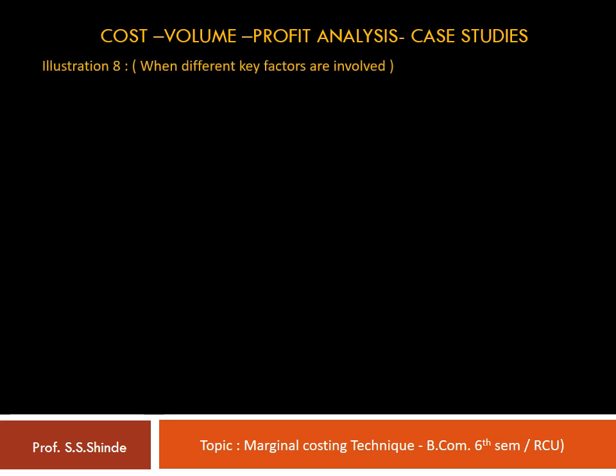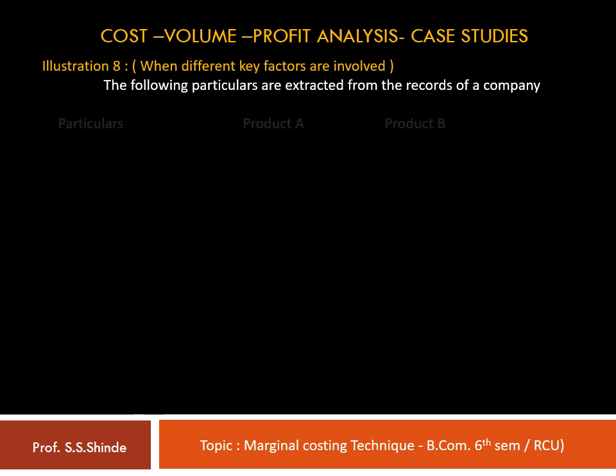Let's take up an illustration when different key factors are involved in decision making and how a company would take decisions under different circumstances. Let's look into the illustration here. The following particulars are extracted from the records of a company.